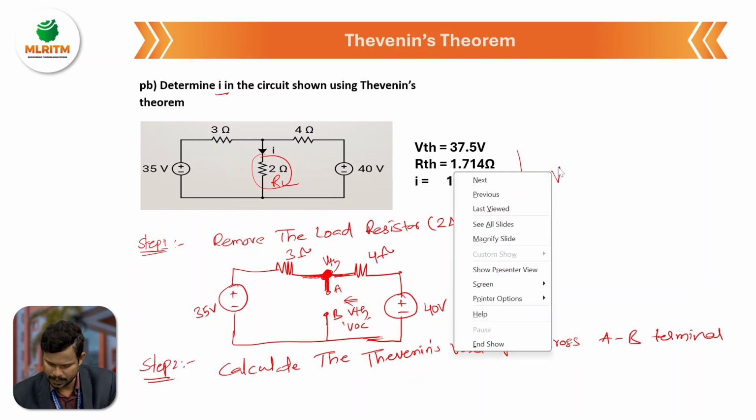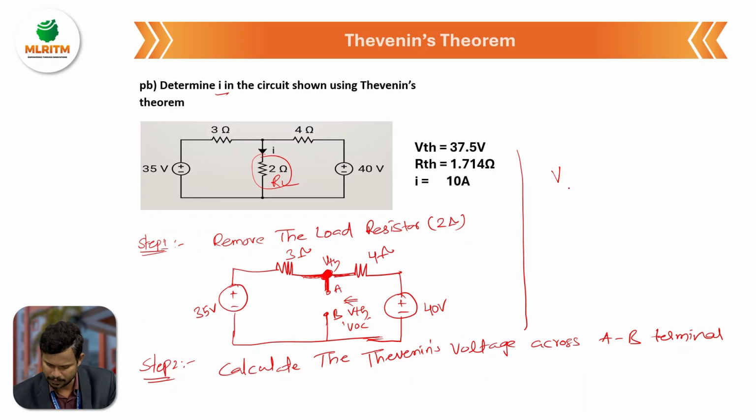Then the equation becomes (VTH minus 35) by 3 plus (VTH minus 40) by 4 equal to 0.